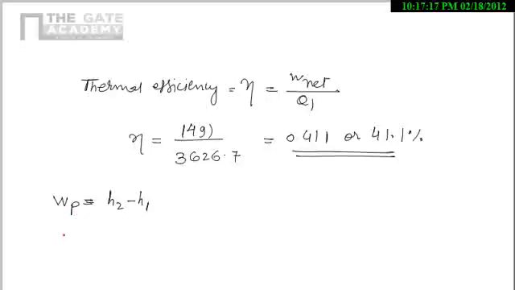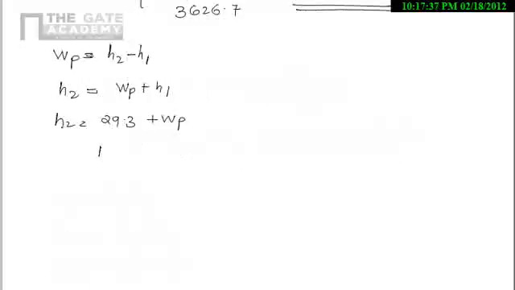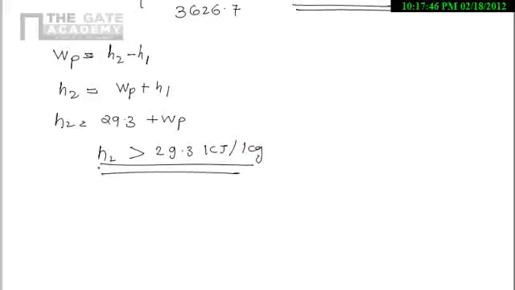So H2, the discharge at the pump, will be Wp plus H1. H2 equals H1, which we know is 29.3, plus Wp. So the correct answer is that H2 will be greater than 29.3 kilojoule per kg.